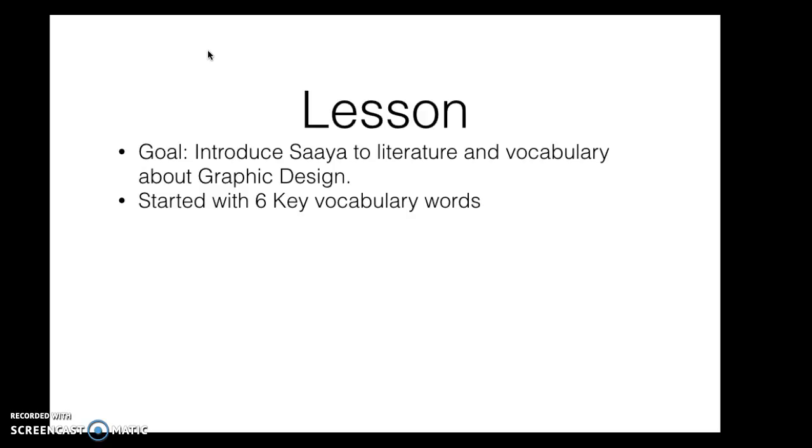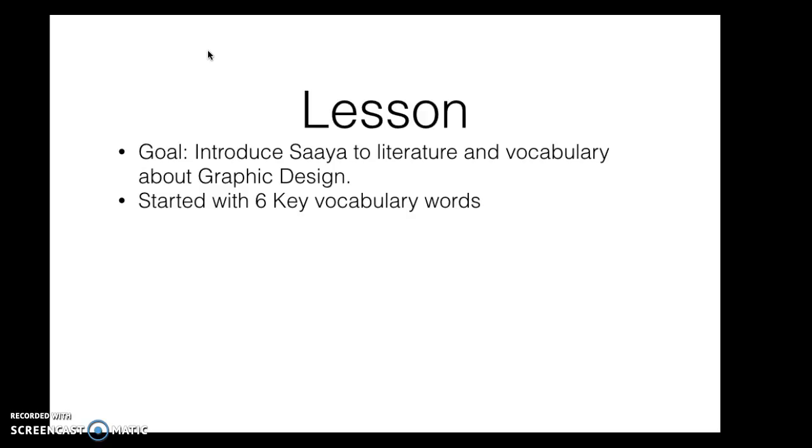Not because her reading level is low; she actually does have quite a high reading level, but because it was a technical text. So in order to make this comprehensible for her, I rewrote the text, and I got five key vocabulary words that I repeated a lot throughout the text.